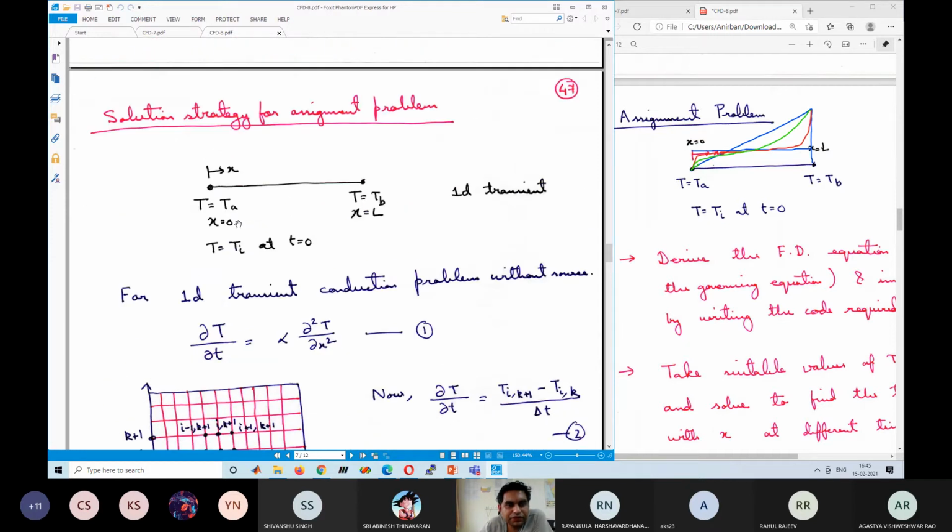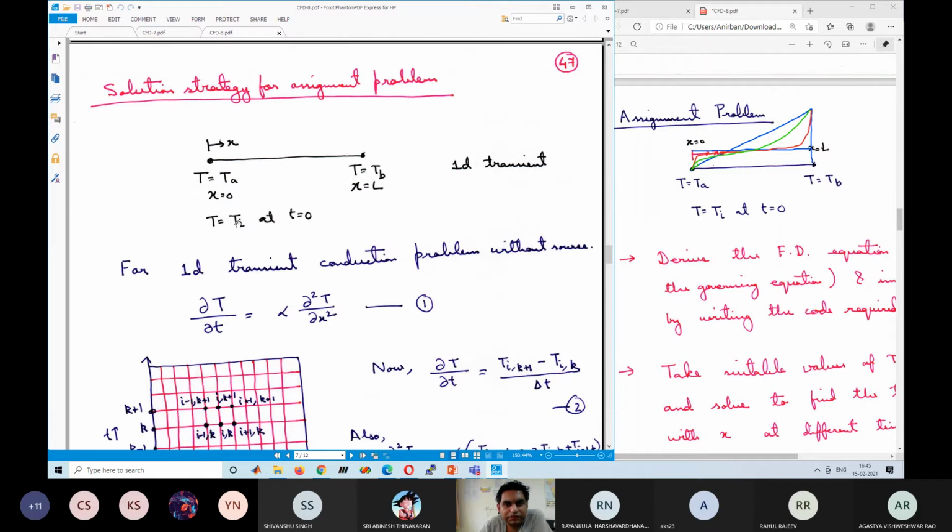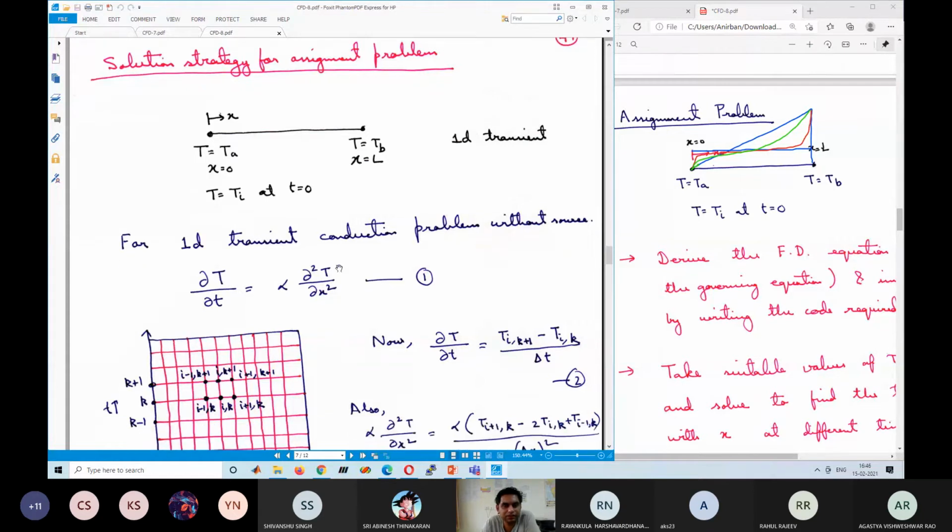What is the procedure for solving? We have already discussed. First, we need to choose the appropriate governing equation. Since it's a conduction problem and 1D problem, but there is variation with time, we have to select the 1D transient heat conduction equation.